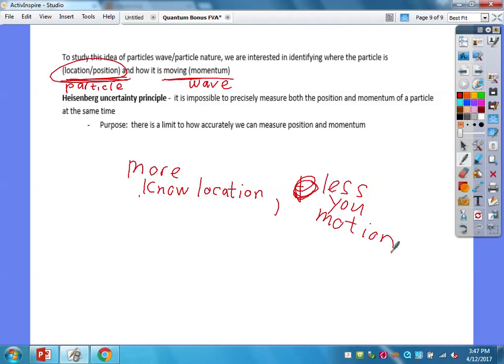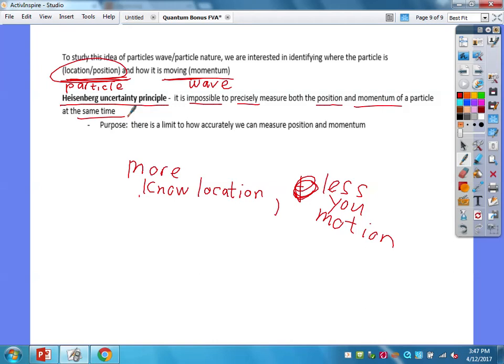We can estimate, we can have some error with both measurements and get a good idea, but that's the problem, there's always error. And so that's where we have this Heisenberg uncertainty principle. He says it is impossible to precisely measure both position and momentum at the same time.